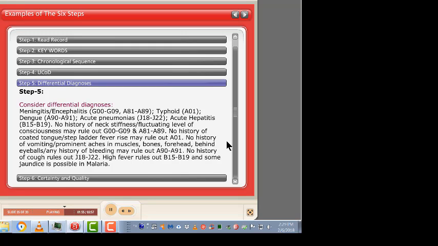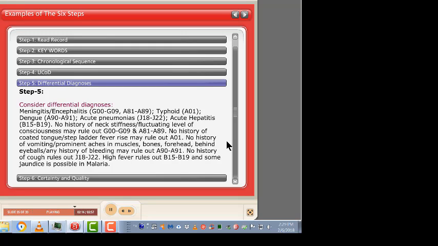No history of neck stiffness, fluctuating level of consciousness may rule out G0 to G9 and A81 to A89. No history of coated tongue, stepladder fever rise may rule out A1.